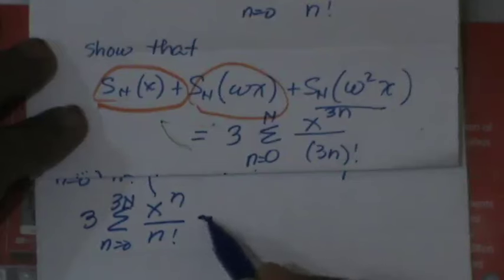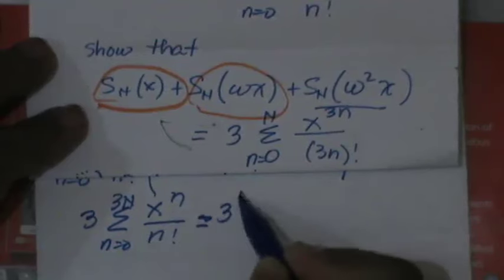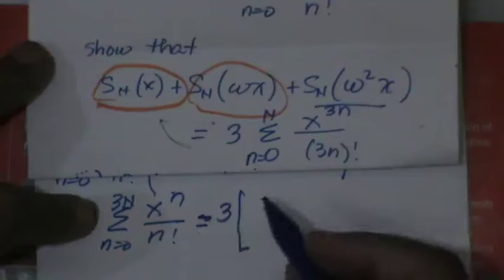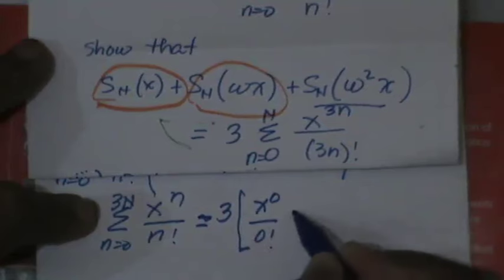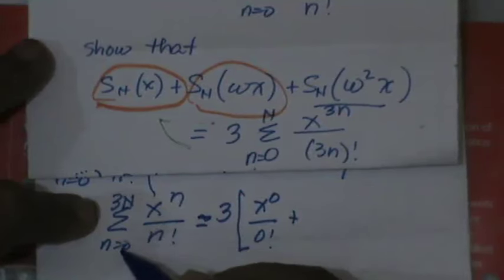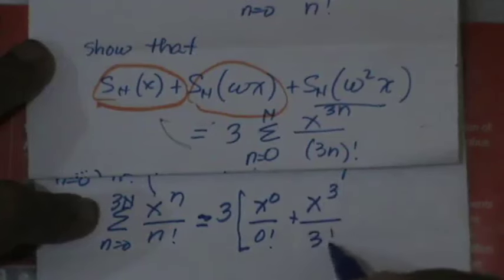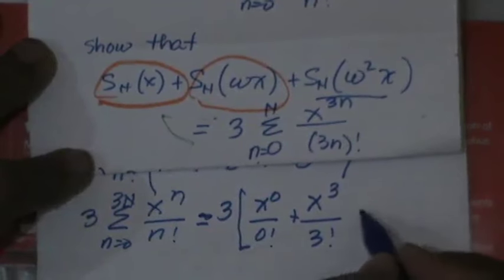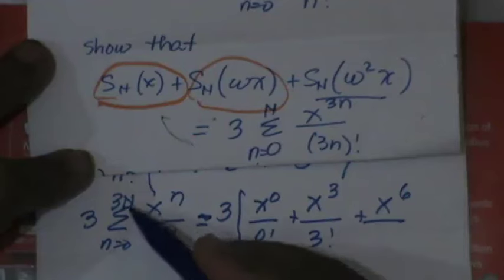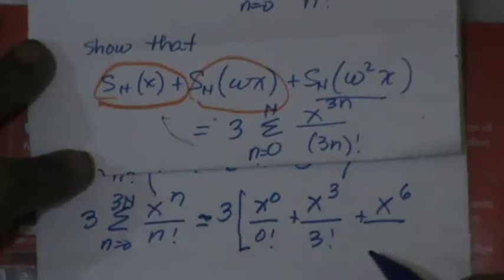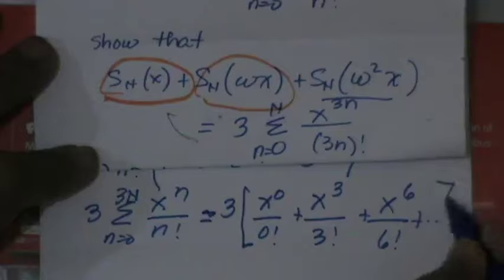What are the elements of that? So there's 3 times x to the 0 over 0 factorial plus, if n equals 1, x raised to 3 over 3 factorial, plus x raised to 6 if n equals 2, 3 times 2 is 6, so x to the 6 over 6 factorial plus and so forth and so on.